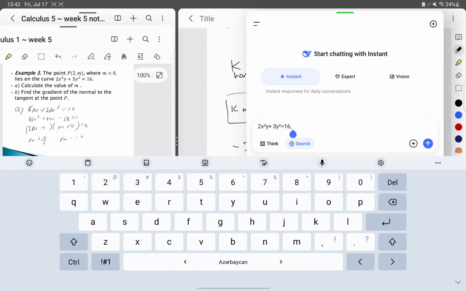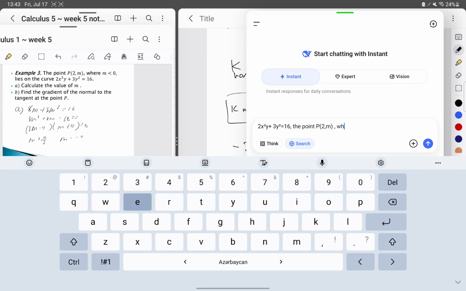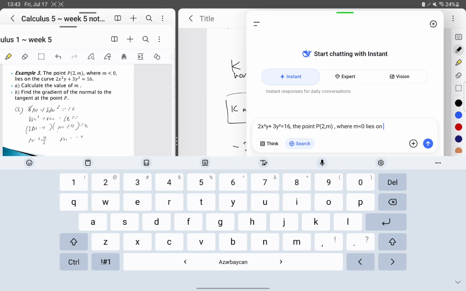Calculate the point P, where the x-coordinate is 2m, where m is less than 0, that lies on the curve.